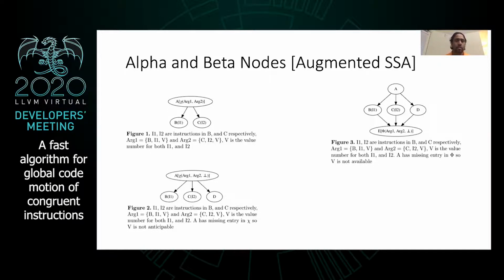And if the node has two branch-outs, then the alpha node will have two entries. The interesting part is that these entries track identical values. We compute the GVN of those values, and those args are filled with identical values. So essentially, if the node has complete, full entries, that means that variable is anticipable at all the successors.